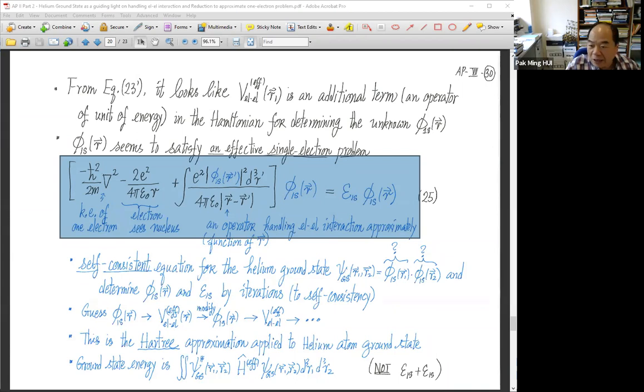But at this point, I would like you to at least stretch your mind and try to understand why we can write down something like this. This term effectively takes into account how the other electron is affecting the one that I'm focusing on. Do you understand what's being done?